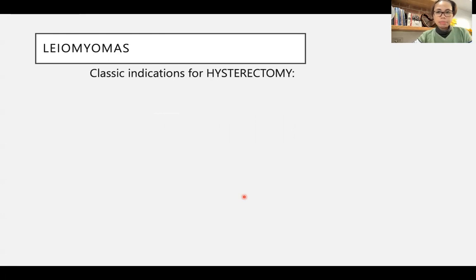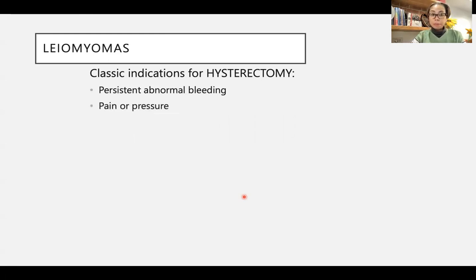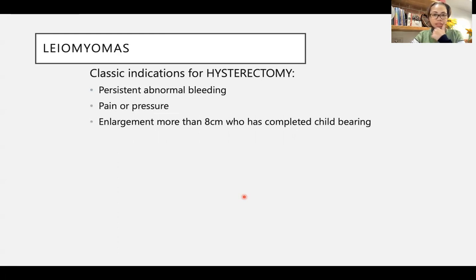How about hysterectomy? When do we choose hysterectomy? When, again, like myomectomy, there is persistent abnormal bleeding, pain or pressure, enlargement more than 8 cm among women who have completed childbearing.